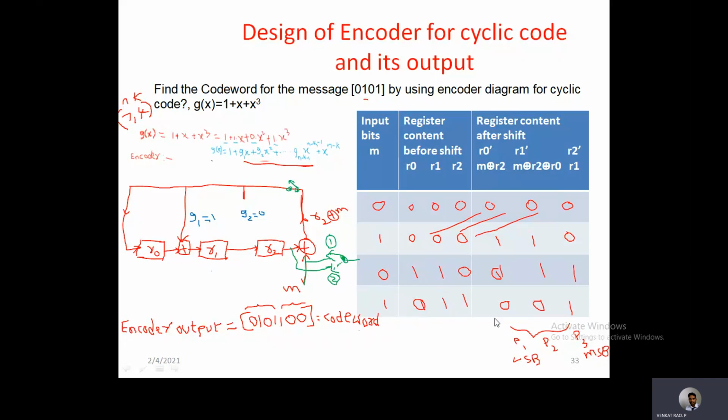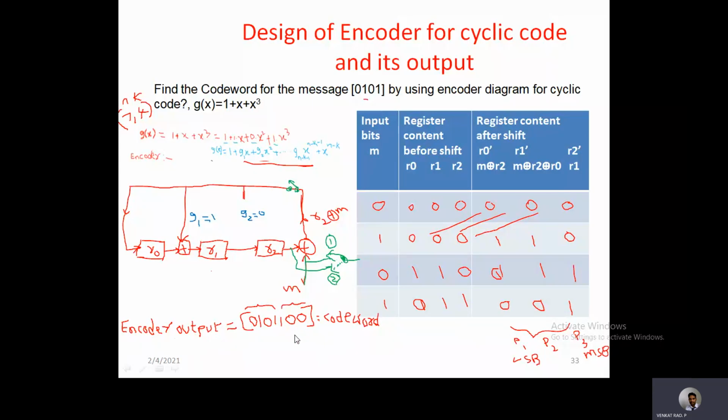After that, these flip-flop contents will come in a reverse way, that is first write 100. So 4 plus 3, that is a 7-bit code. This is the complete operation of the cyclic encoder, the calculation of the parity bits from this encoder, and finally writing the encoder output as a code.